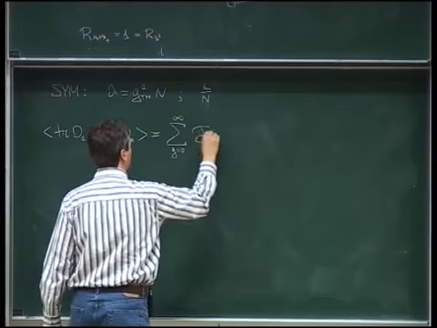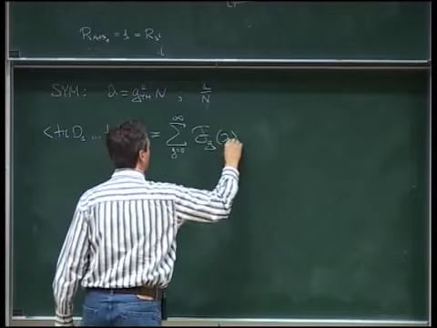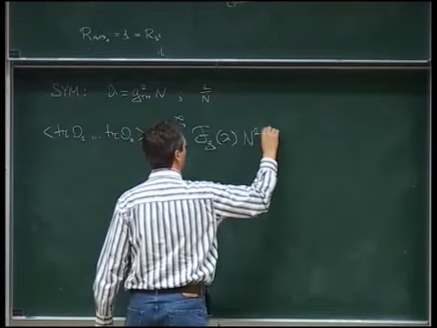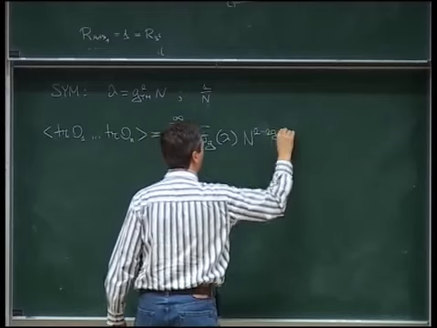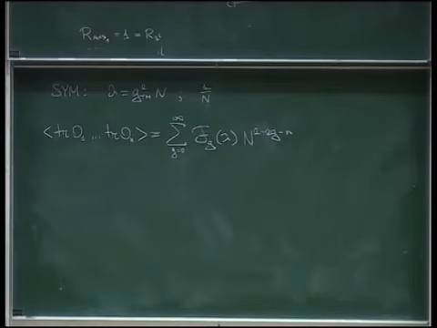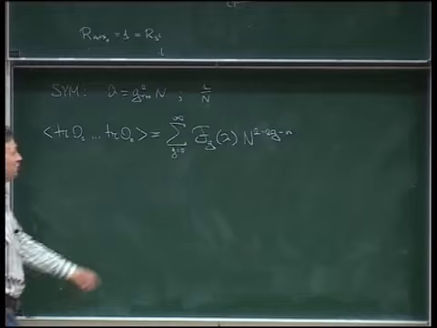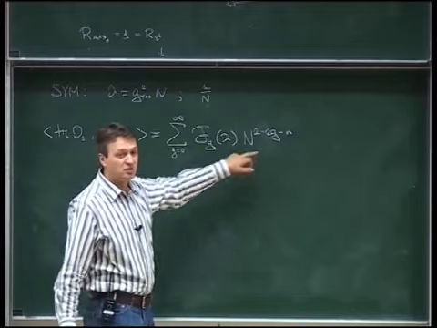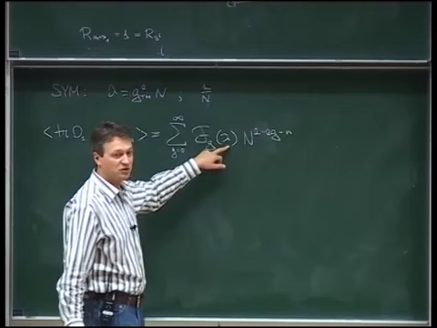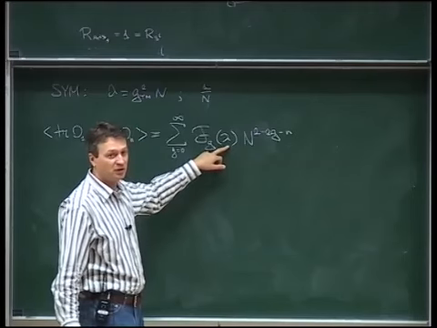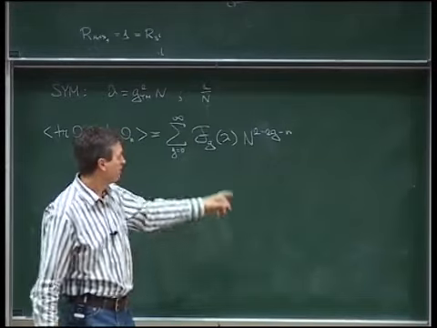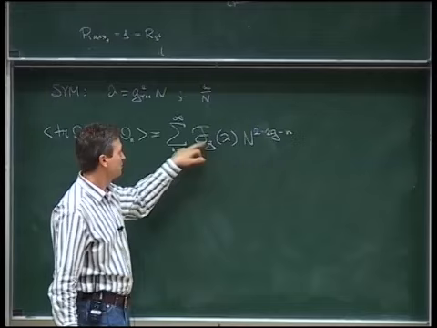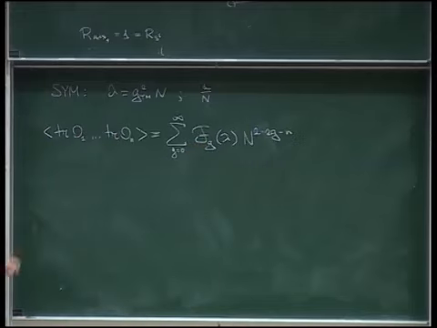So it will be given by a summation in the powers of 1 over N squared with the coefficients that are functions of only the 't Hooft coupling. And, well, in perturbation theory, we expand these functions in lambda.